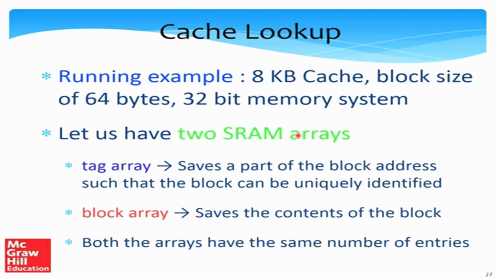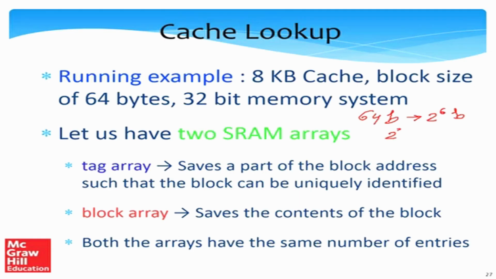And let's discuss block address slightly more before moving to the block array. So a block contains 64 bytes. So 64 bytes is 2 raised to the power 6 bytes. Since a block is an atomic unit, we will never partition a block. So in a 32-bit memory system, how many possible blocks can we have?